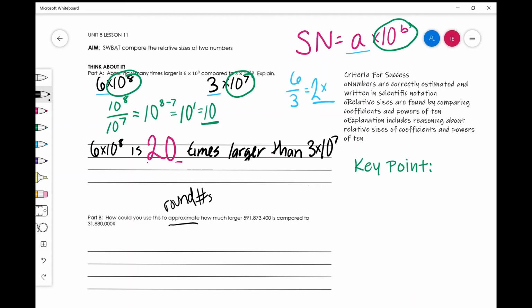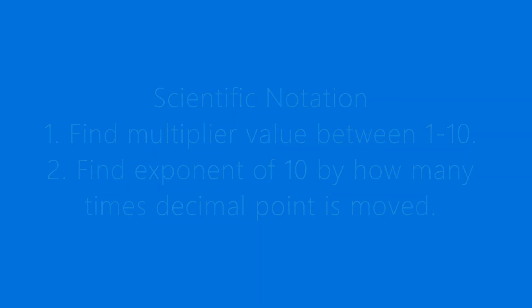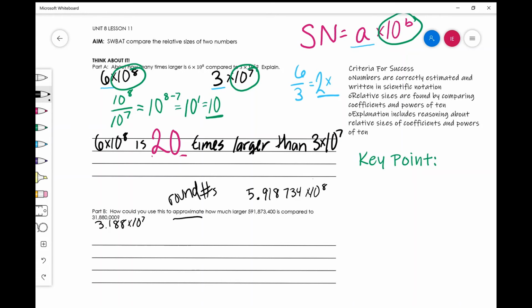Let's go ahead and turn those large numbers into scientific notation. Now that I can see my two numbers in scientific notation, I can tell that I didn't really save a lot of time writing my number out because I have large decimal places. So we can do what our problem says and round or approximate our numbers.